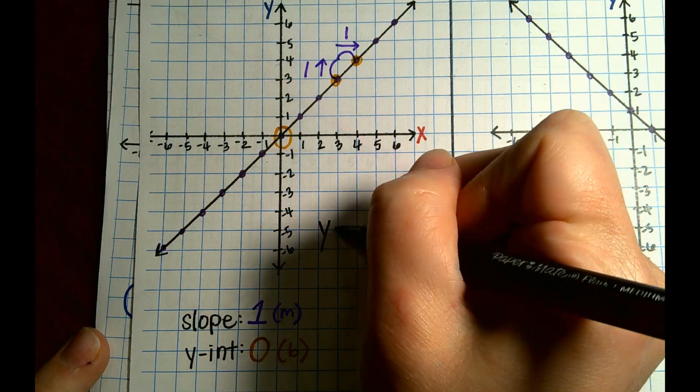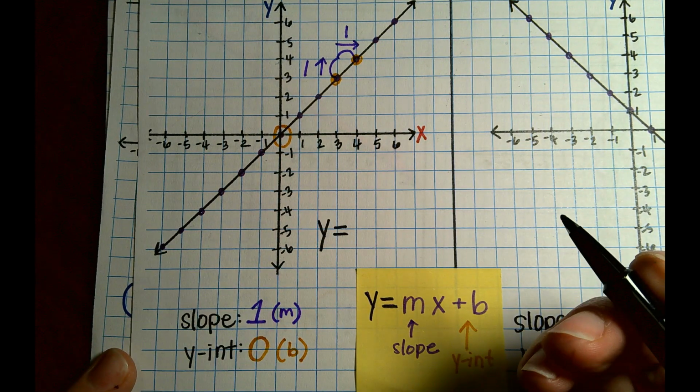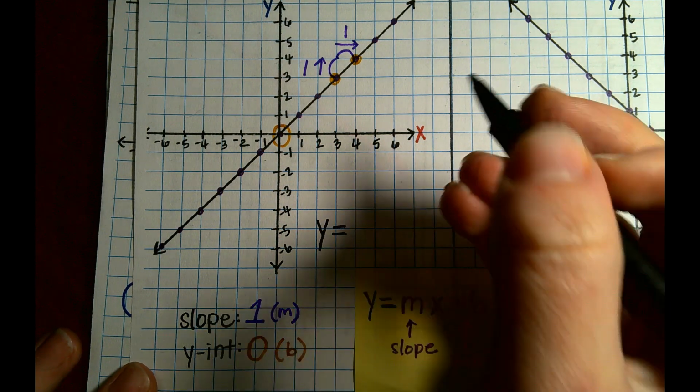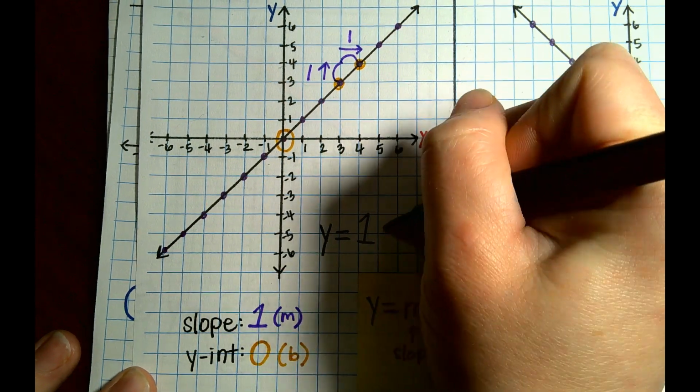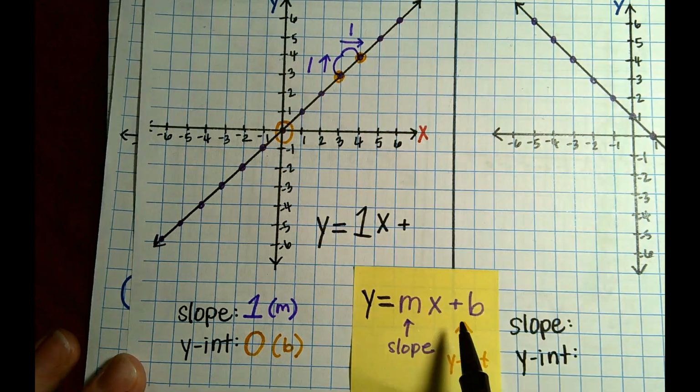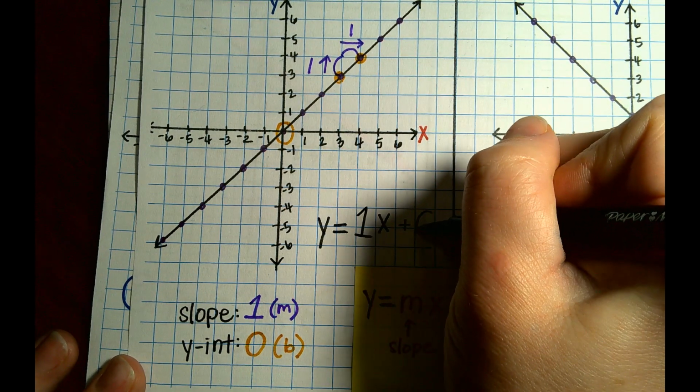Y equals 1x plus 0. Beautiful. Y equals, my m is 1 x plus my b is 0.